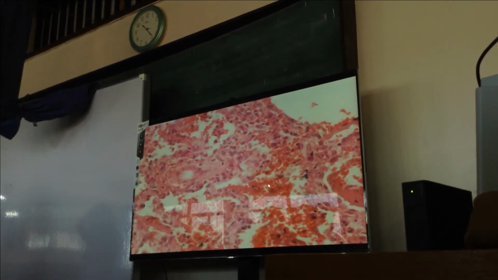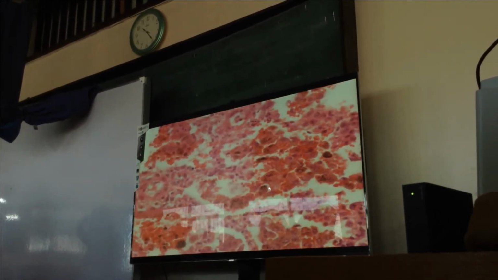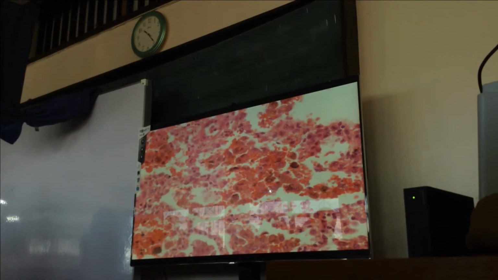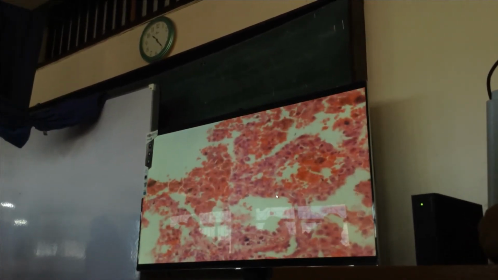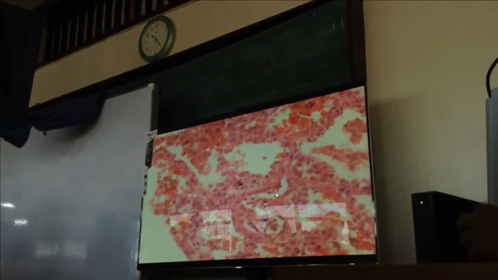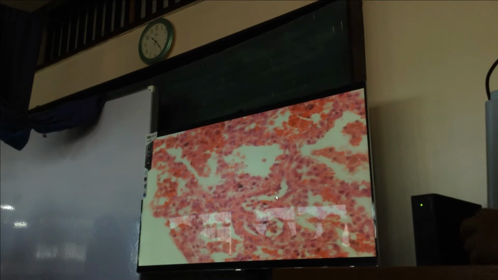The blood vessels. So we are able to see hemorrhage in this lung because of the destruction of the wall of the blood vessels. Basically, we should be able to see inflammation in the wall of the blood vessels. Okay, so that is a blood vessel.